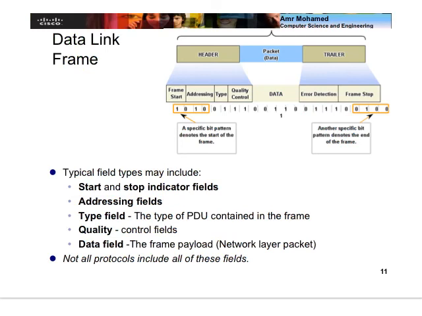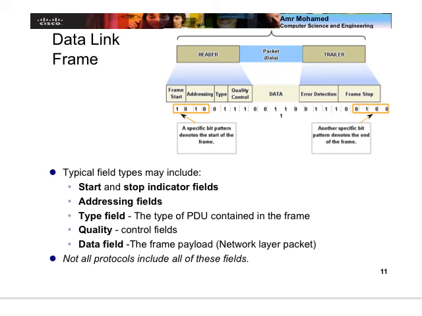So the data link frame has the addressing and the type and the quality control. The typical field types are start and stop. This is the frame start, and this is the frame stop.